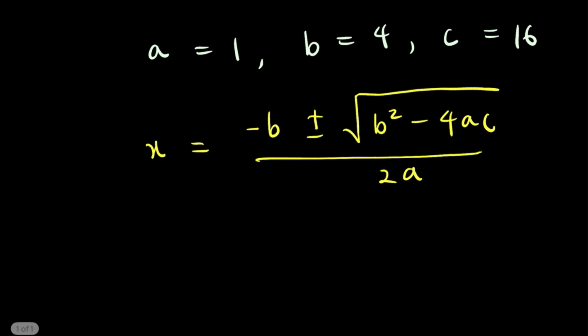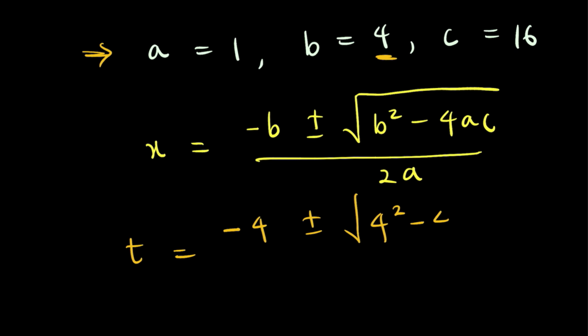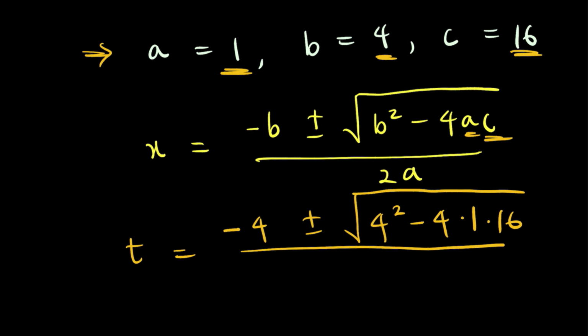We'll be able to solve for t by now substituting these parameters to get minus b, which is 4, plus or minus square root of 4 squared minus 4 times a here is 1 and c here is 16, square root of that, then divided by 2 times a is 1.